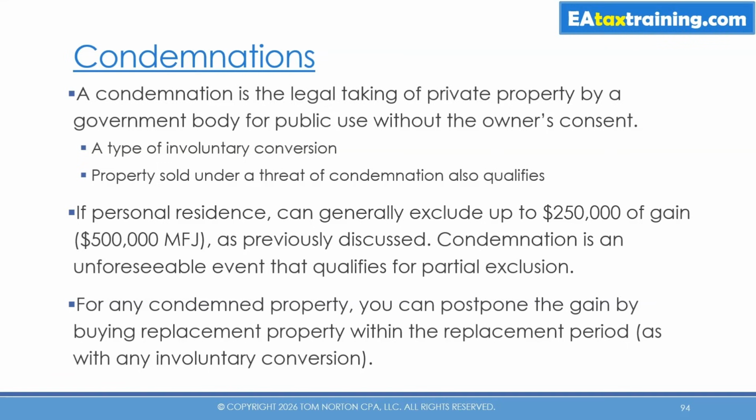So even if you don't meet all of the tests all of the way, you can still get a partial exclusion if you are selling due to a condemnation. For any condemned property, even if it's not your principal residence, you can postpone the gain by buying a replacement property within the replacement period, just as we talked about with other involuntary conversions.